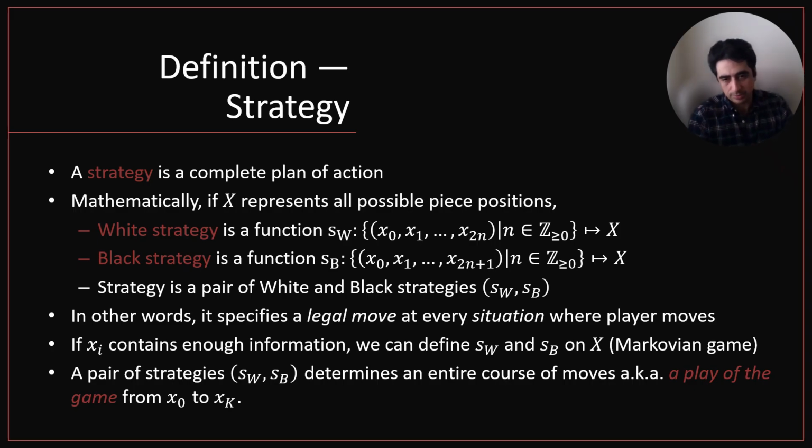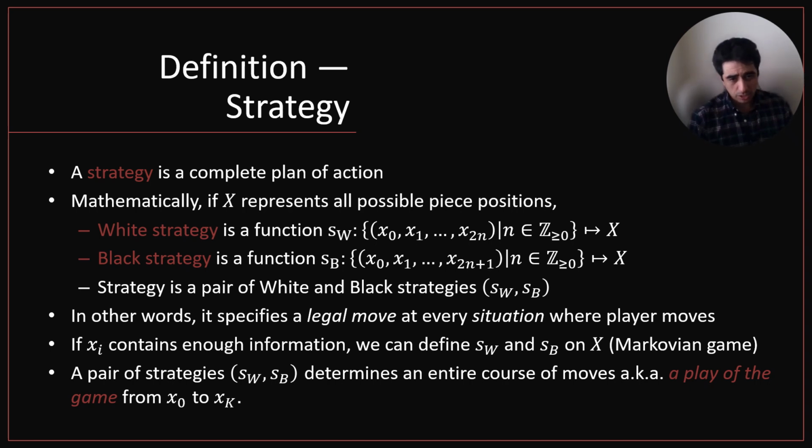We call them a game situation in the textbook, from x0 all the way to x2n. And that's the input of this function. The output would be an element or a piece position in x. X is the set of all piece positions that are possible in the game of chess.